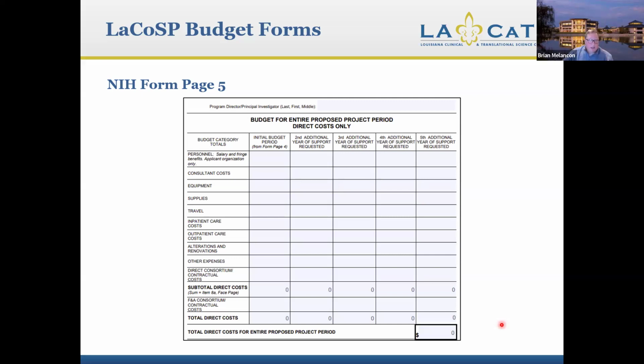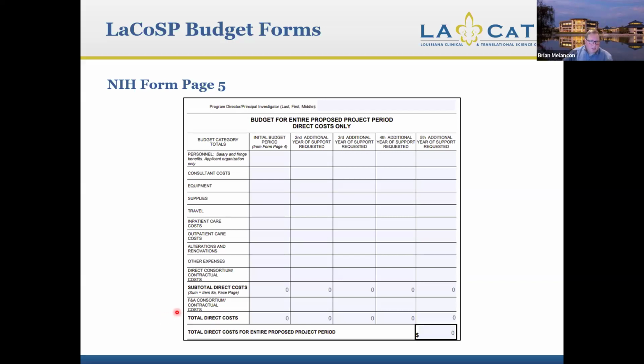However, you're going to fill out one form, page 5. And as you can see here, initial budget period, that's year 1, and each additional budget period will be listed here. And these categories on the left should be the subtotals for each form, page 4 that you have filled out previously.